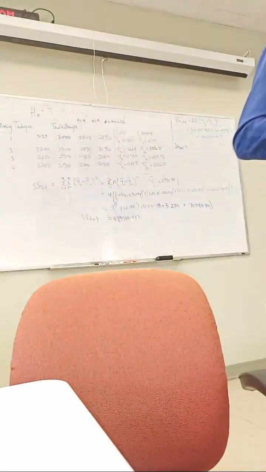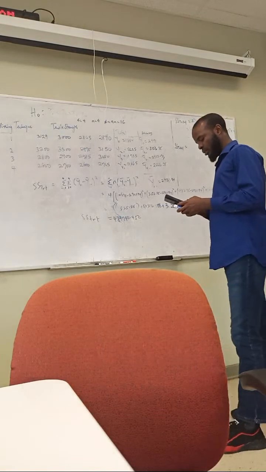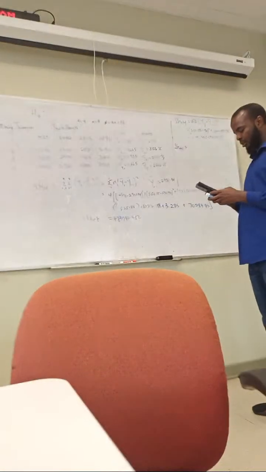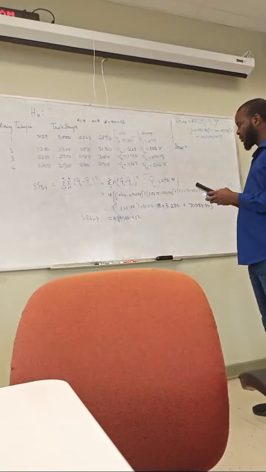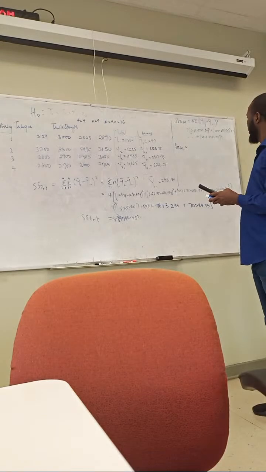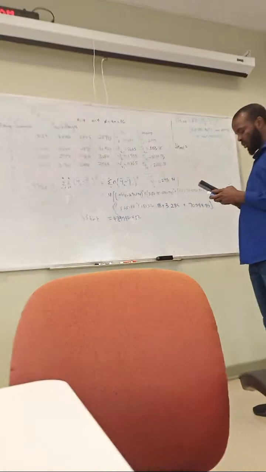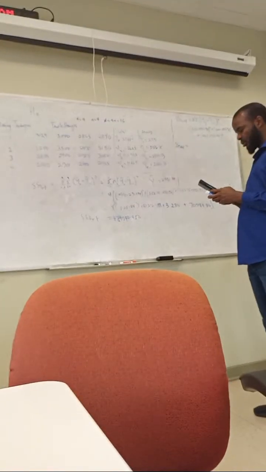If your calculator is not good, I think this is another calculator. No, my own is working now. Okay, let me try. The grand is 2931.94 squared.